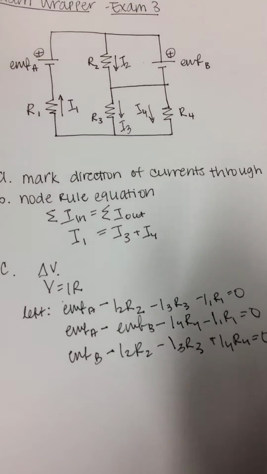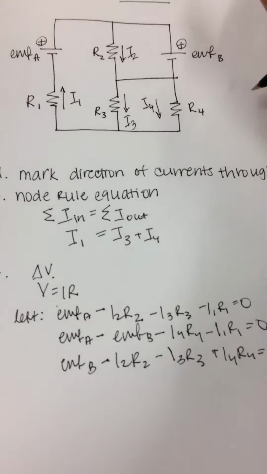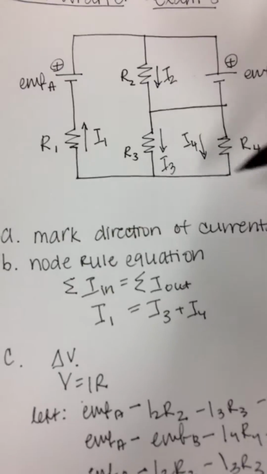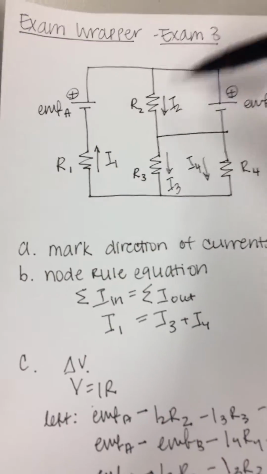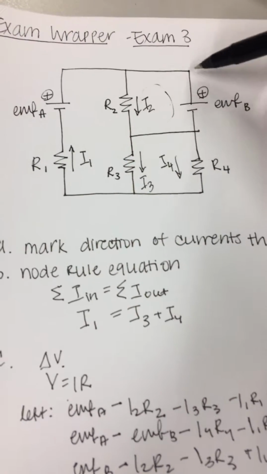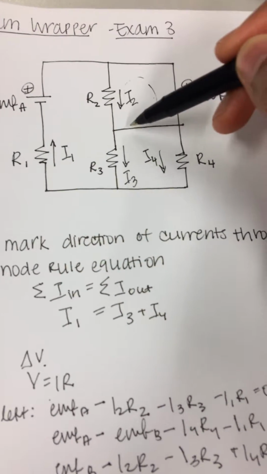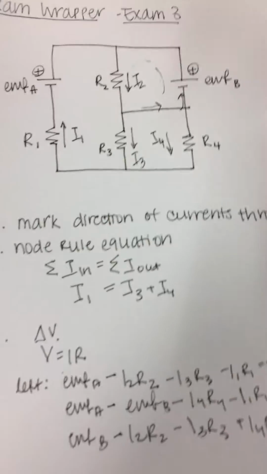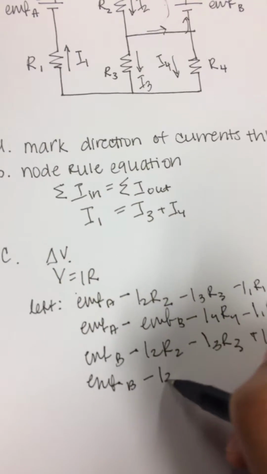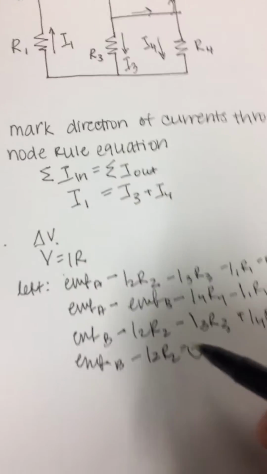And then you could actually still make 2 more even though the problem only asks for 3. So we can go ahead and write them down. The loop on the top right here: EMF B minus I2 R2, and if it goes this way and back here, it would equal 0. So EMF B minus I2 R2 equals 0.